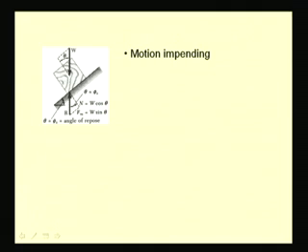Here we see a block on an inclined plane. If we take these as our coordinates, then the component of the weight along this plane tends to move this object in the downward direction.